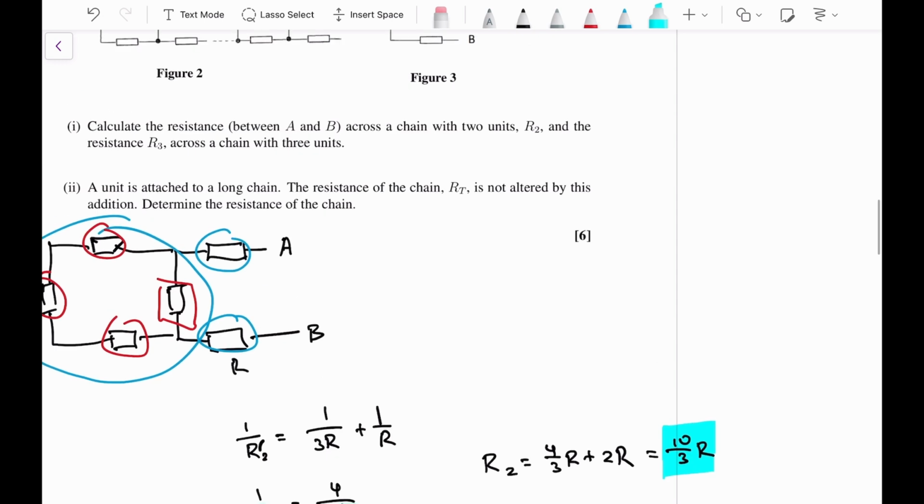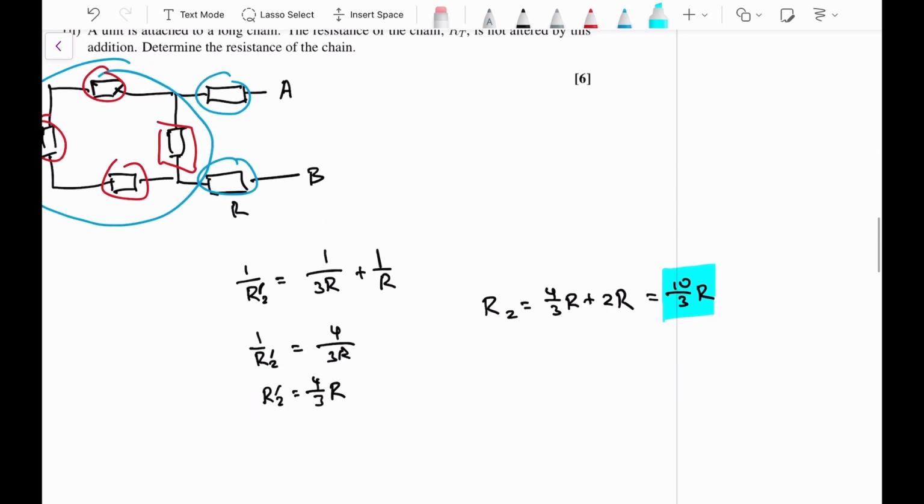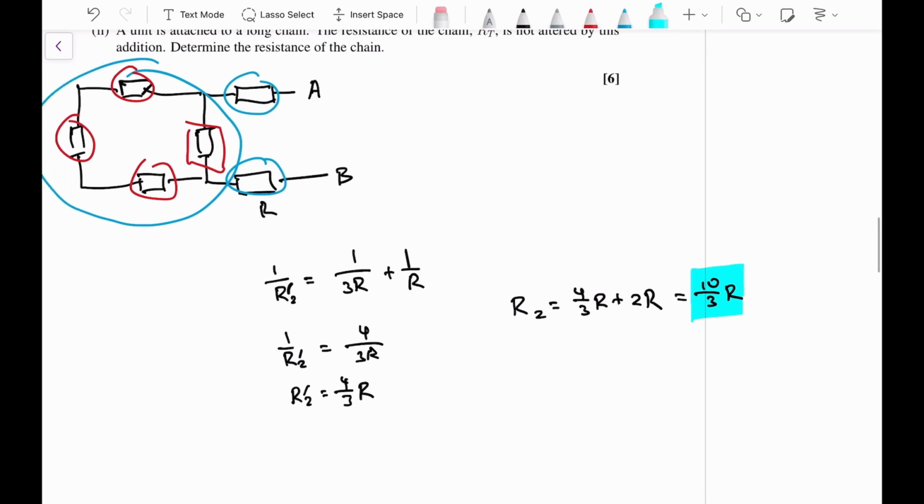And then it says across the chain with 3 units. So if we add another unit, I'm not going to recalculate this entire thing. Let's see. Okay, so my idea is that we can look at it in this way.